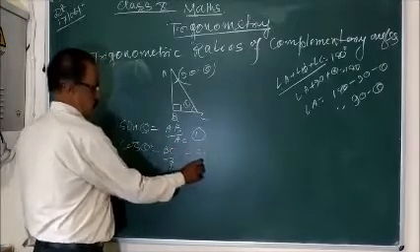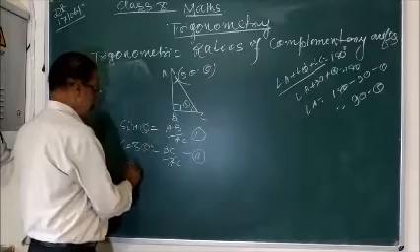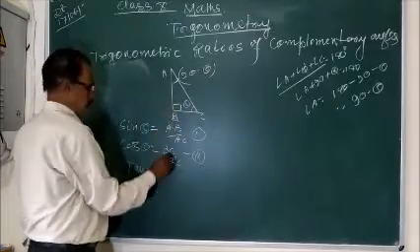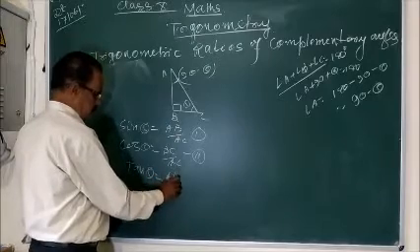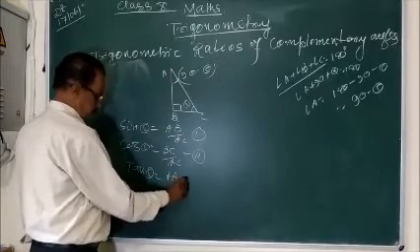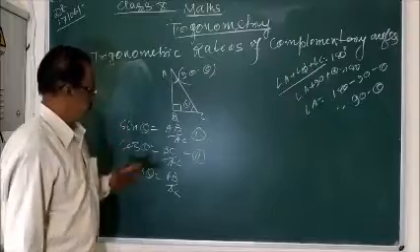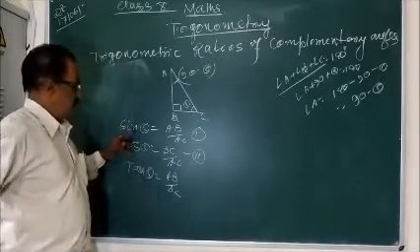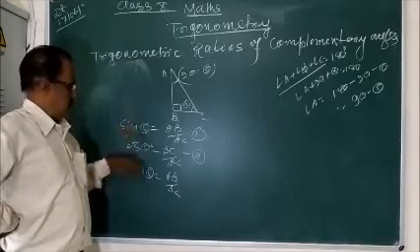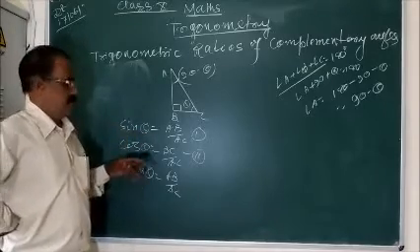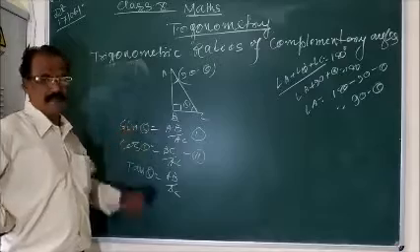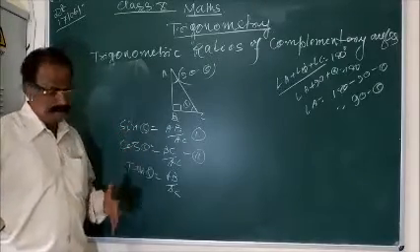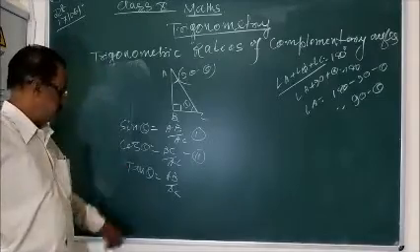This is number 2, suppose. And tan theta is equal to P by B, so AB by BC. And the other 3 ratios I have explained. That is the converse of these 3. Cosec converse of sin, sec converse of cos, and cot converse of tan.